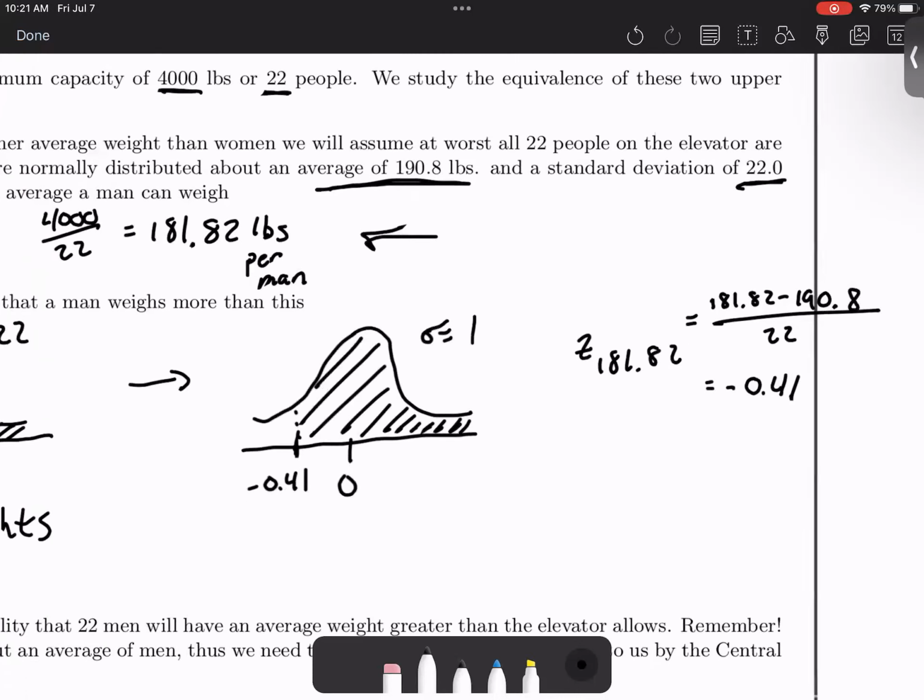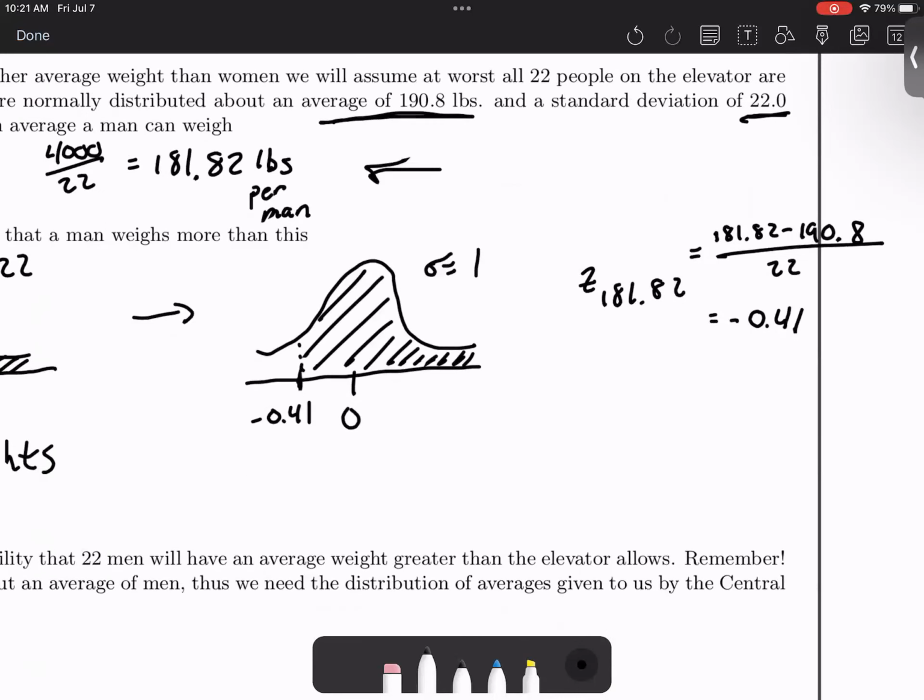So we need to use our z-score chart. If you have a z-score chart that has negative z-scores on it, then you're done, or areas to the right of negative z-scores. But I only have that one chart, so I need to translate this into areas to the left of positive z-scores. And I can do that pretty easily by symmetry. The area on the right-hand side of minus 0.41 is the same as the area on the left-hand side of positive 0.41, right?